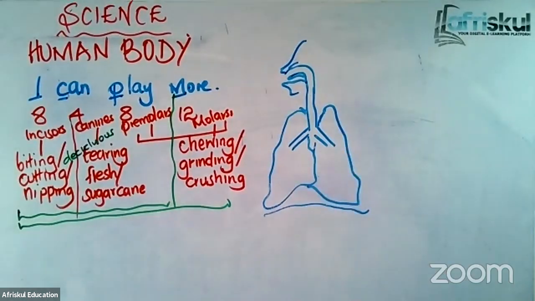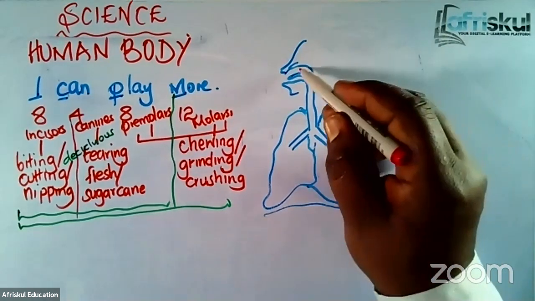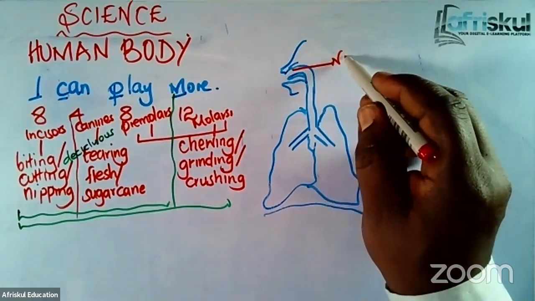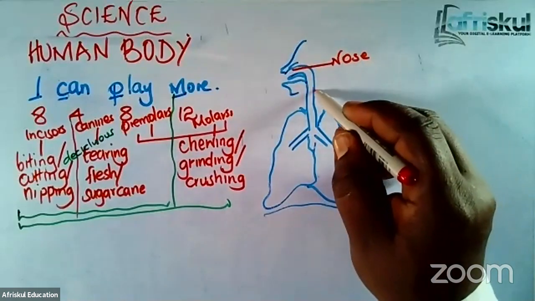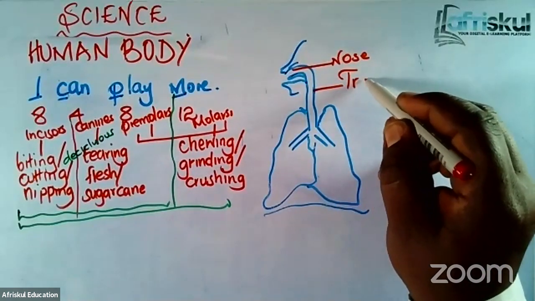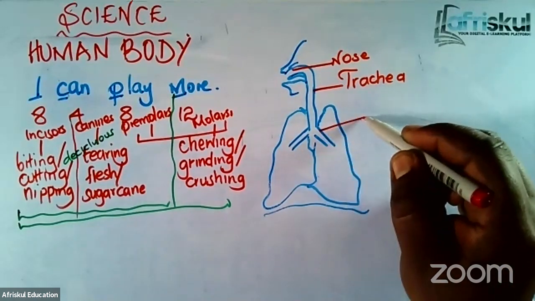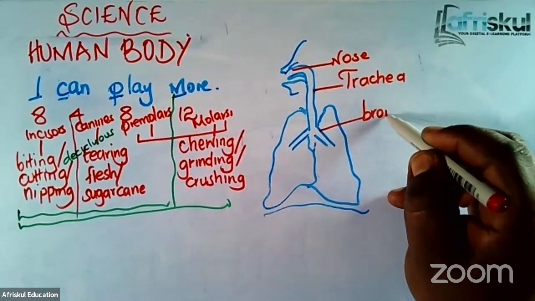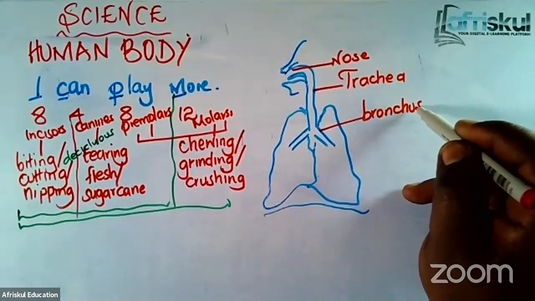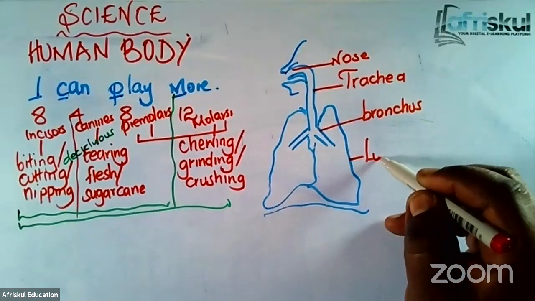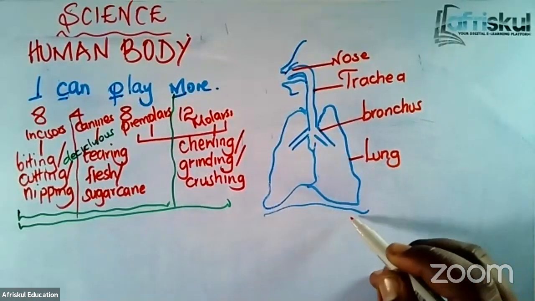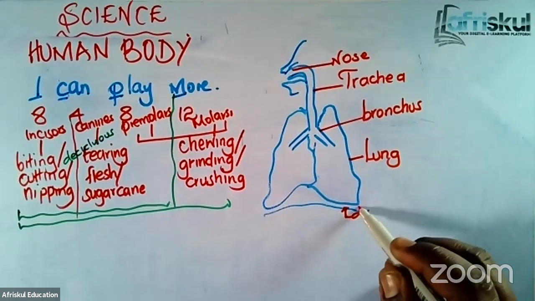There we have it. And let's label the parts. The first one we shall label here is the nose. From the nose, we have a pipe that we call the trachea. From the trachea, we have the bronchus. We have the lungs. And we have what we call the diaphragm.